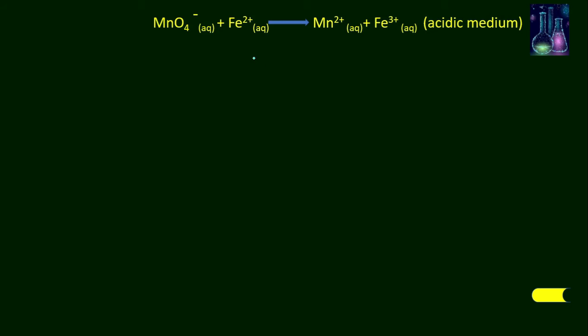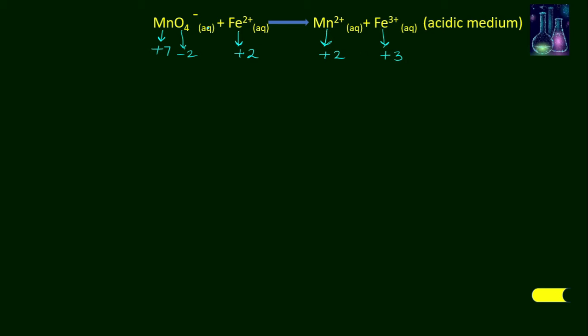Now we have a skeletal equation in front of us. Let's assign the oxidation number to each of the elements. Manganese here shows +7, oxygen -2, Fe +2, Mn +2, Fe +3.